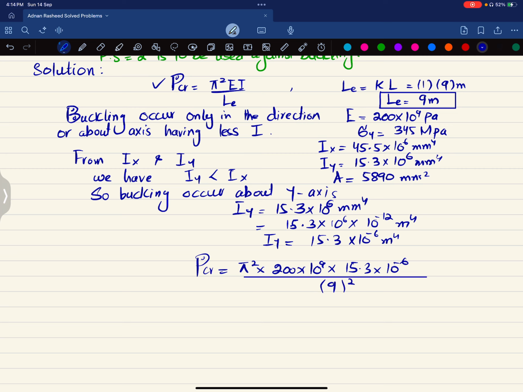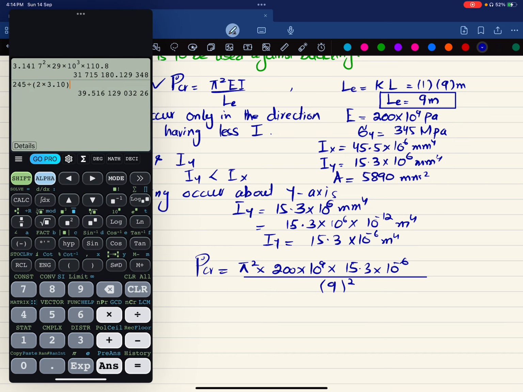Now we'll calculate this. So 3.1417 square multiply by 200 multiply by 10 power 9 multiply by 15.3 into 10 power minus 6. This is the upper value in numerator, divide by 9 square, which is equal to 3.